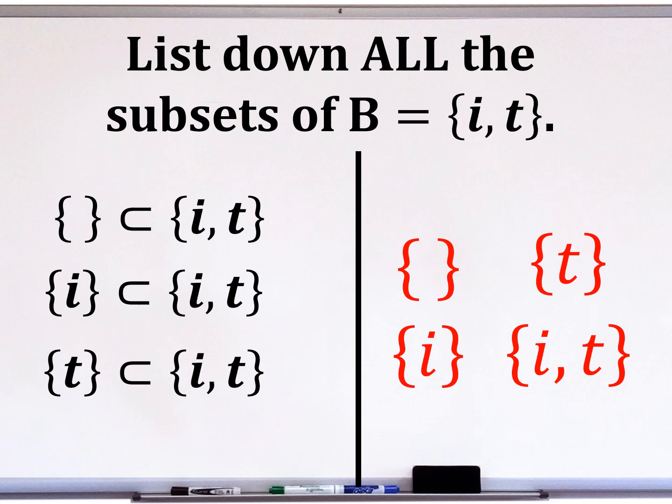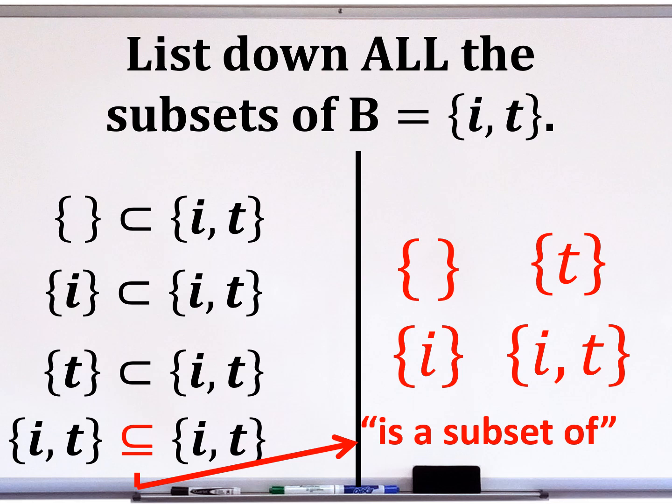The next one is still the same, but if you proceed with the set itself, we are going to use a specific symbol which is read as a subset of. As you can see, the subset is the set itself. They contain the same elements, and if they contain the same elements, we are going to use this specific symbol, the capital letter U that opens to the right with one equal symbol below it.